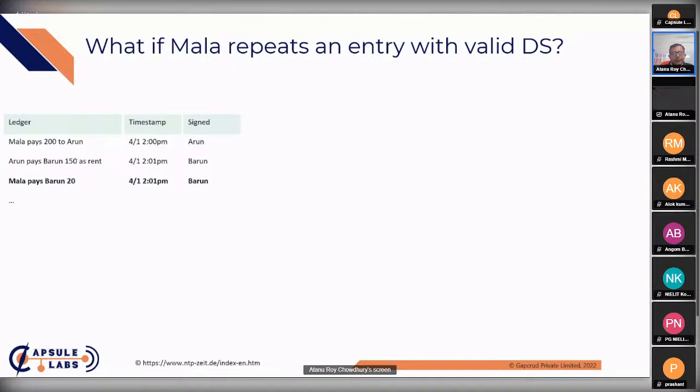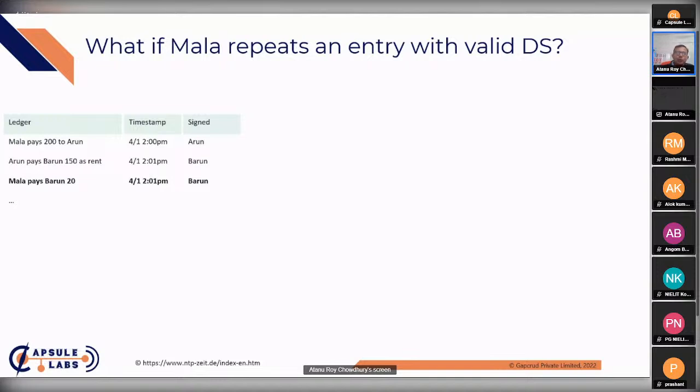How do I ensure that a record verified by both parties is not being replayed? And that is why, as I mentioned earlier, a characteristic of a good ledger is that there should be a timestamp on it. So we can definitely include the timestamp as part of the ledger itself, right?